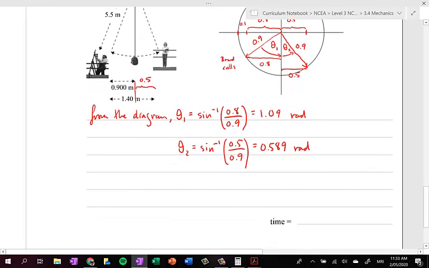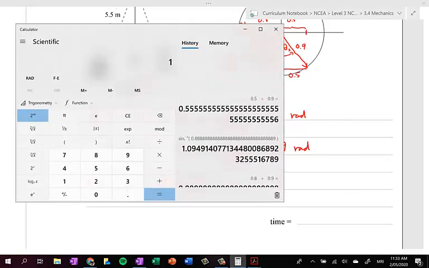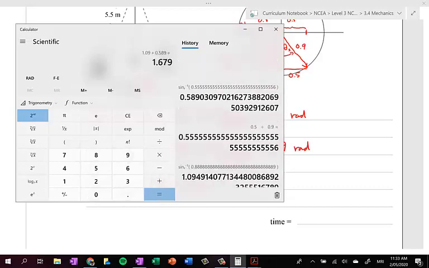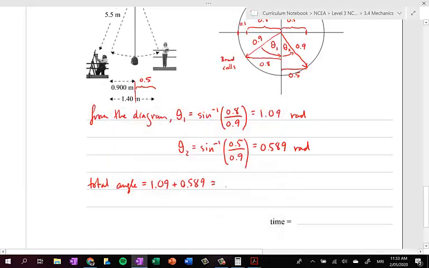And so we know then that the total angle is equal to 1.09 plus 0.589, which is 1.679.